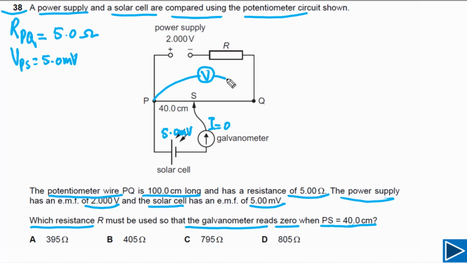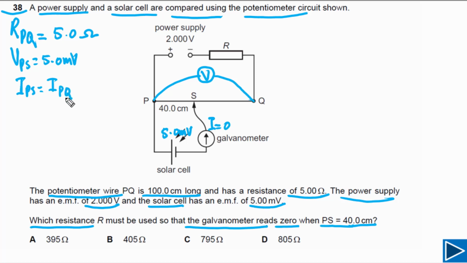First of all, we need to find out the potential difference between P and Q. So we will start from I, current. Current passing through PS and PQ is the same because it is the same wire and there is no current passing through the solar cell. So we can say IPS is equal to IPQ.